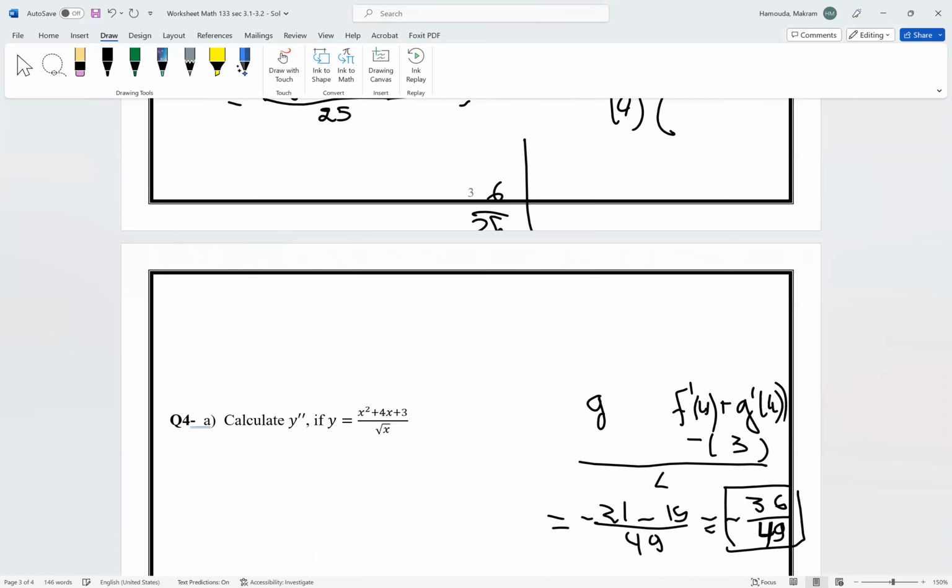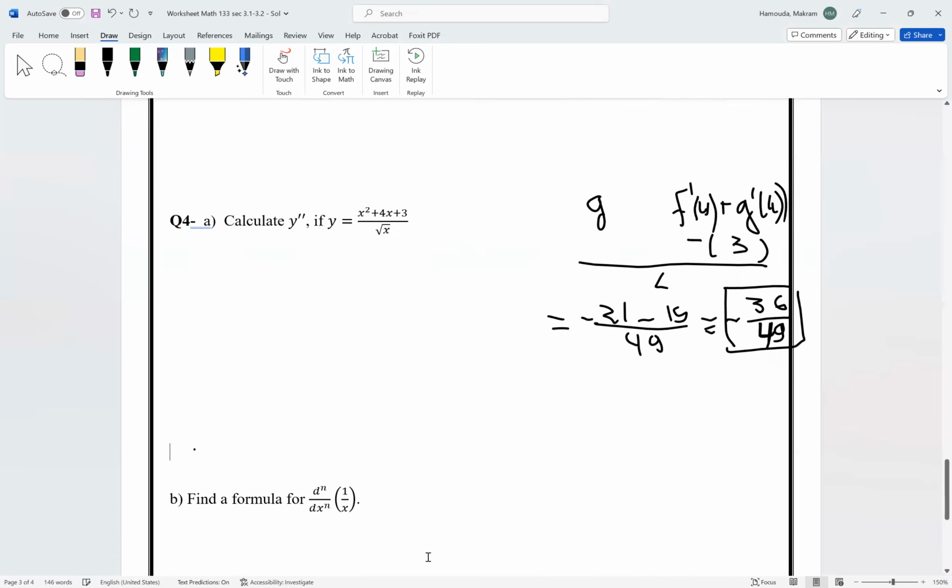In order to simplify the computation of the derivative, I will change the expression of y, since I don't have a sum or difference in the denominator, I have the square root of x. So that means I can separate.